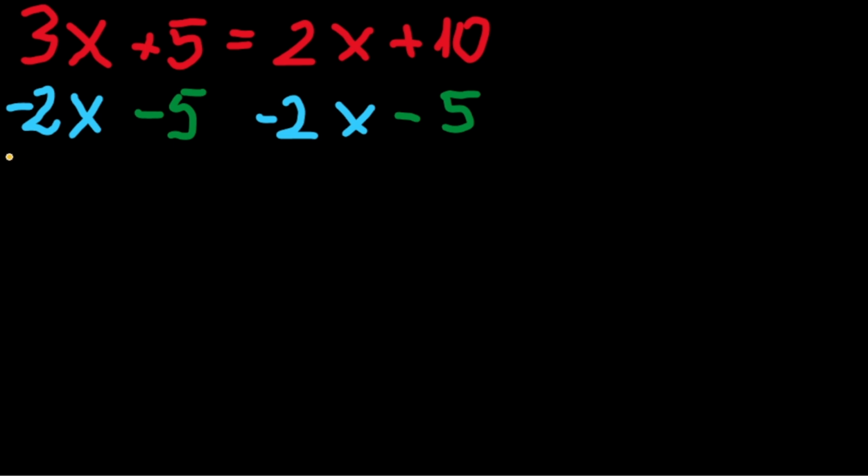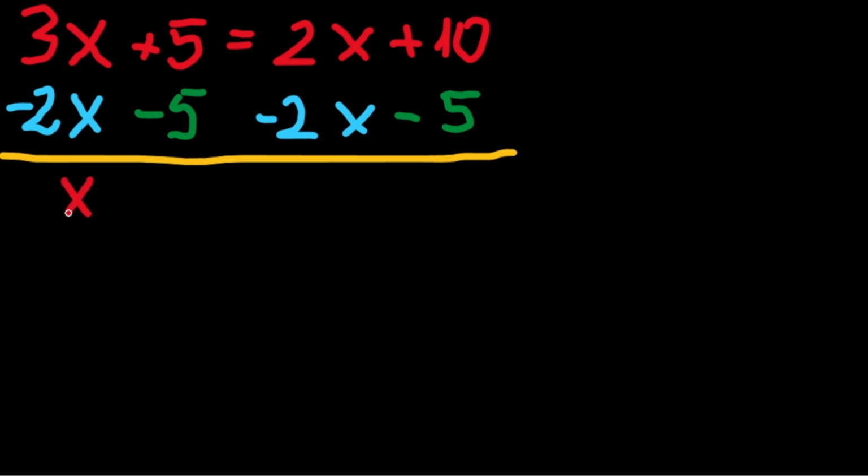Now, let's draw a line here and try and solve it. So 3x minus 2x: 3 minus 2 makes 1, and 1 we don't write, so we're left with x. Plus 5 and minus 5 cancel.